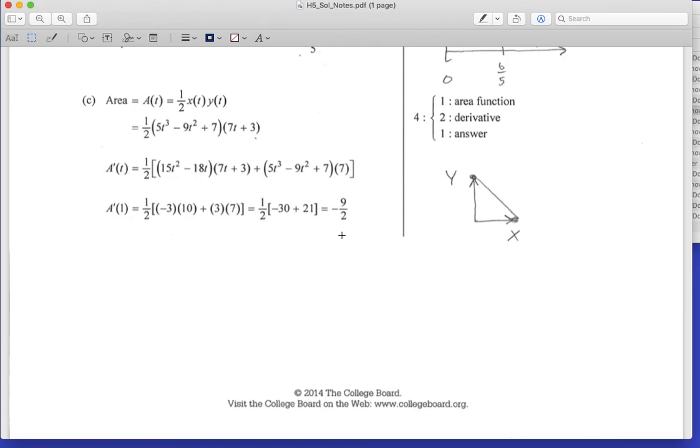You don't get penalized for diagrams that turn out to not be correct. That's just a helpful piece of work for you to understand the problem. You don't need to erase it or anything like that. All right, that's H5.